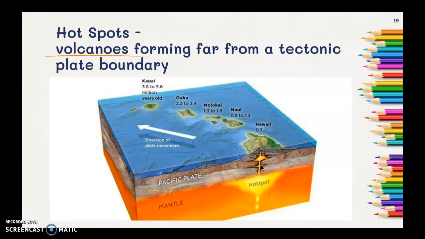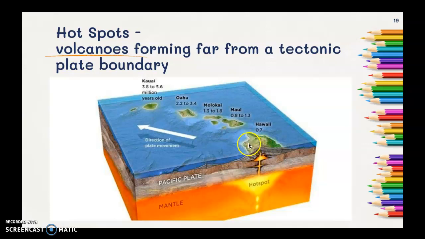So a volcano forms right there at the hot spot, except that the tectonic plate is moving this way. So if you rewound the clock about 4 million years, this island would be over the hot spot, and it would be a brand new volcano.